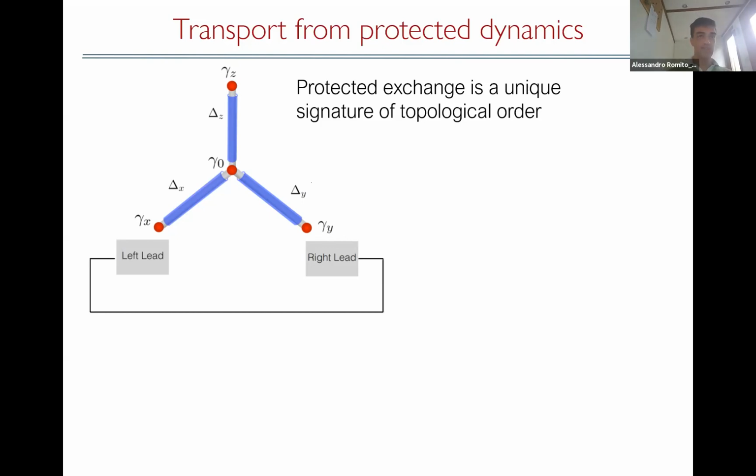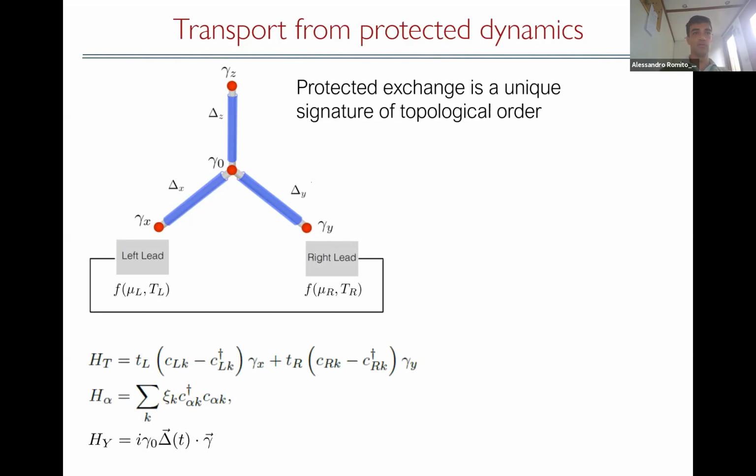So the system I would like to use as a model to analyze this property is a simple system which has been already proposed before as a possible way to realize braiding of Majoranas. Let me go through it rather quickly. So this white junction that you see here is our system which we plan to manipulate to do the braiding. What we'll do, we'll add some leads. We couple two of the Majorana to external leads that we keep at different temperature and different chemical potential in principle.